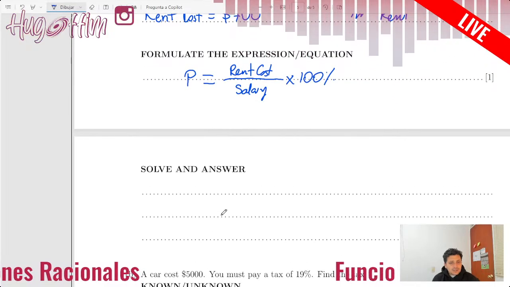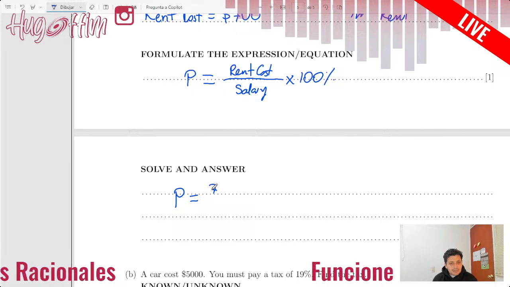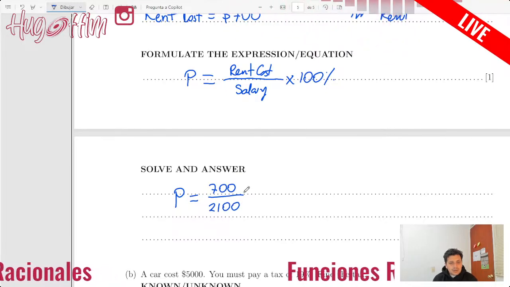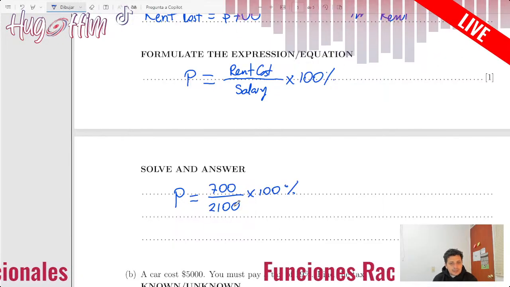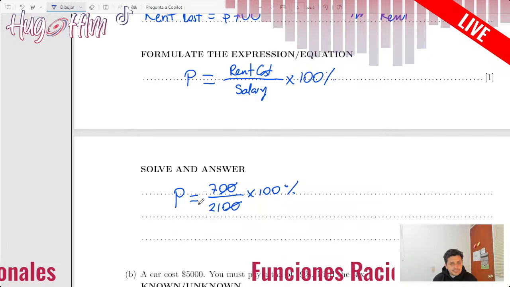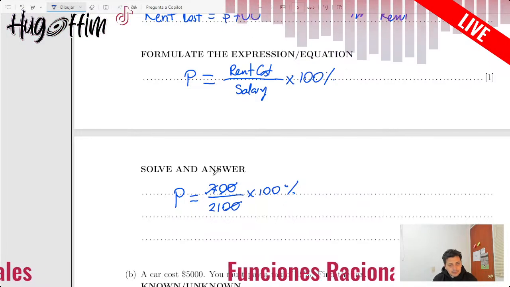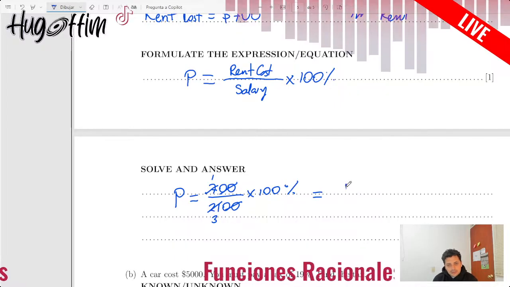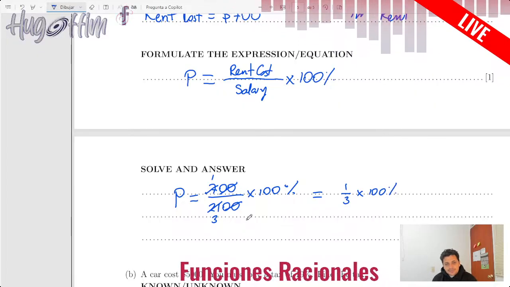This is the idea. And now in solve an answer, I just need to solve an answer. So to solve an answer, I'm just going to put these in numbers. So the numbers are $700 over $2,100 times 100%. Observe that I can divide here by 100, and I can divide here by 7, right? 1 and 3. So I got 1/3 times 100%.